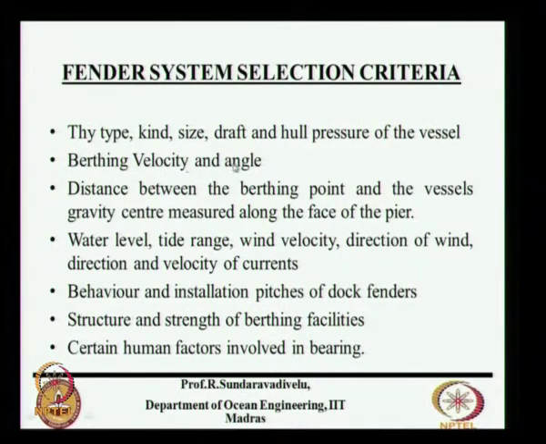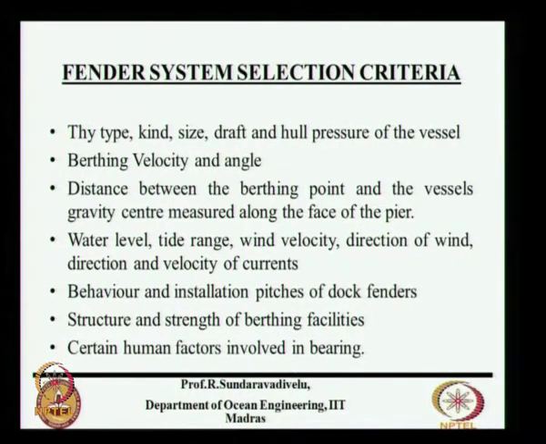The most important thing is the berthing velocity and angle of approach. Angle of approach is generally 0 degrees for small vessels, for bigger vessels it goes up to 10 degrees. I am sorry, for smaller vessels it may go up to 20 degrees, for bigger vessels 0 to 10 degrees. Berthing velocity, you should remember the range. What is the velocity with which the ship can come and hit?